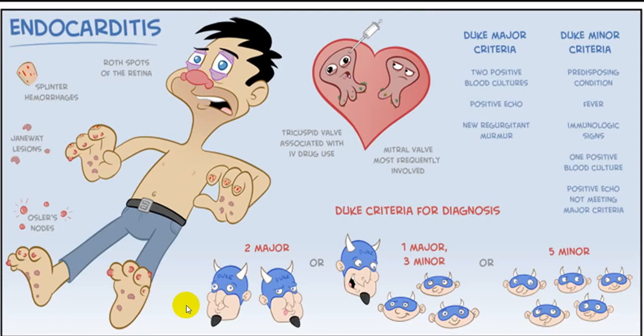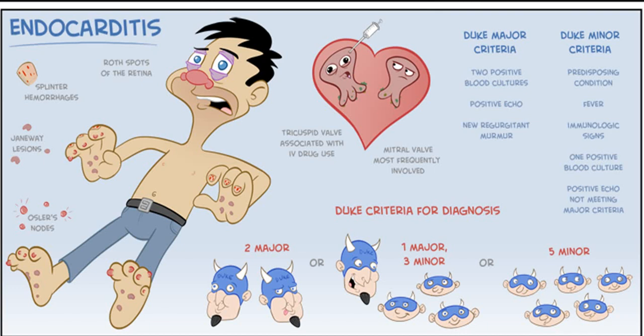So these are all the different findings. We have already mentioned previously the Duke's modified criteria, that is two major, or one major with three minor, or five minor. So these are the classical criteria for definite infective endocarditis.